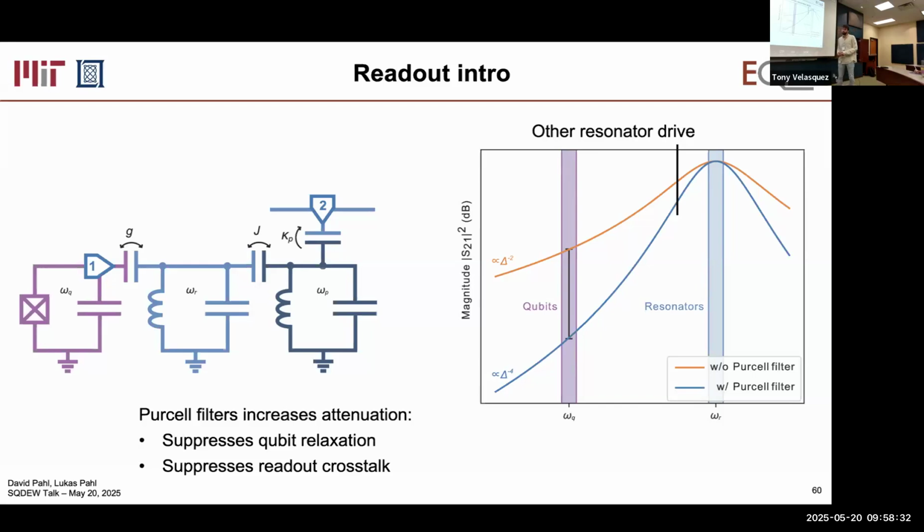Can you design the resonator to serve as a Purcell filter at the same time? So are you saying, can we just have one element that already has a sharper attenuation? That's a great idea, and you should look into that. Many people have, but there's probably ways to improve it. This is a very simple resonator. You can build more complicated resonators by adding more L's and C's here, shaped like this, and then you don't even need a Purcell filter.